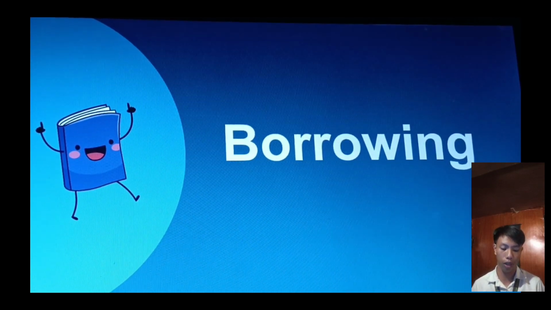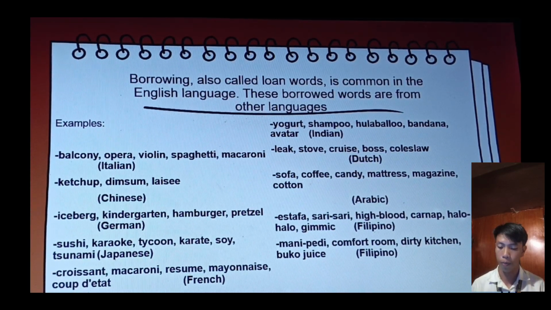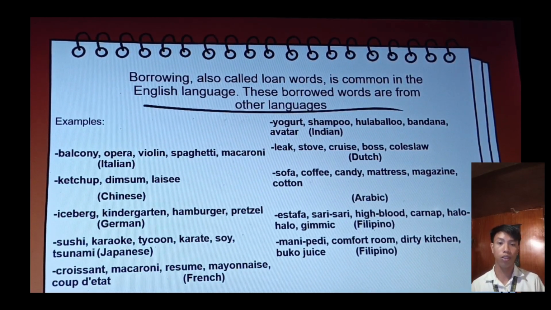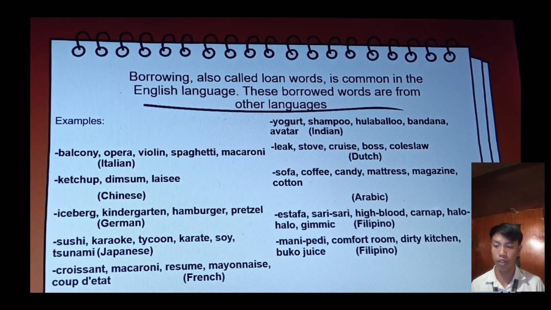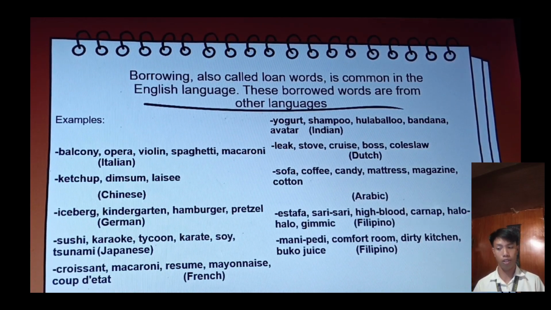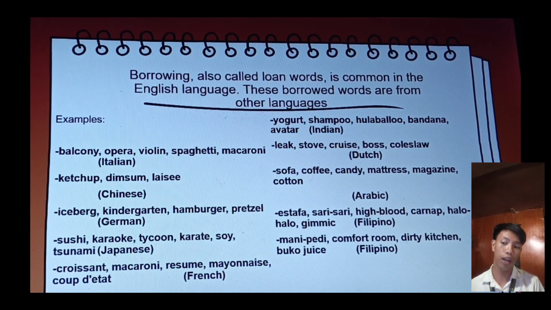Next was the borrowing. So borrowing is also called loan words. It is common in the English language. These borrowed words are from other languages. So here in the Philippines, we usually use the words balcony, opera, violin, spaghetti, and macaroni.